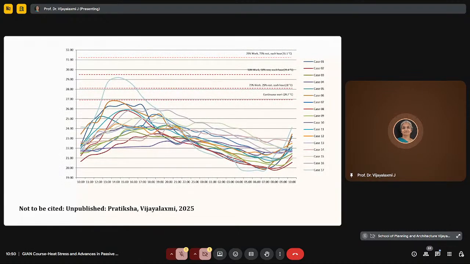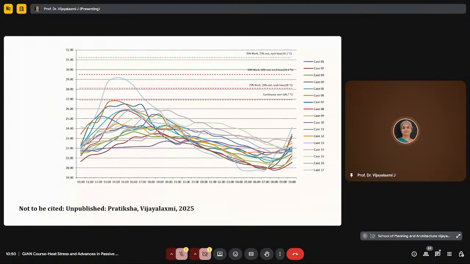for various work percentages. The tasks performed include household chores like cooking, house cleaning, water filling, sieving, and mild body movements. This graph shows that households with tin roof record the highest WBGT values, and households with terracotta roof tiles record the lowest WBGT values during the afternoon, that is from 1 o'clock to 4 o'clock.